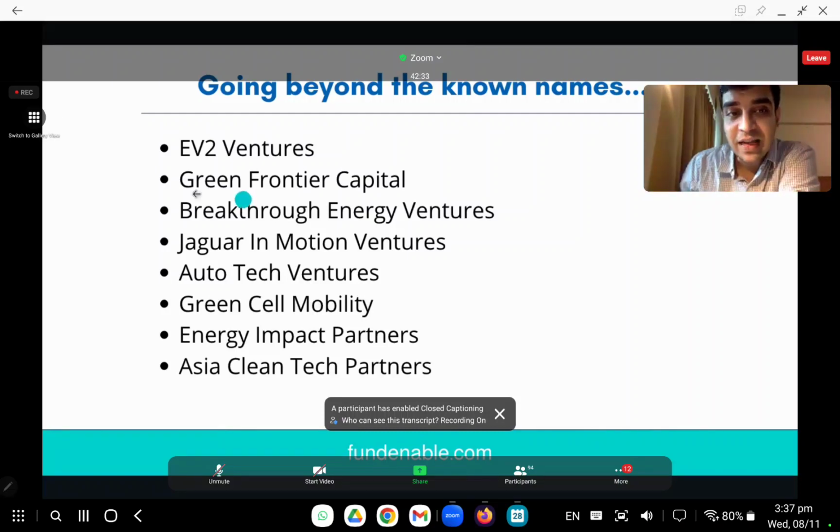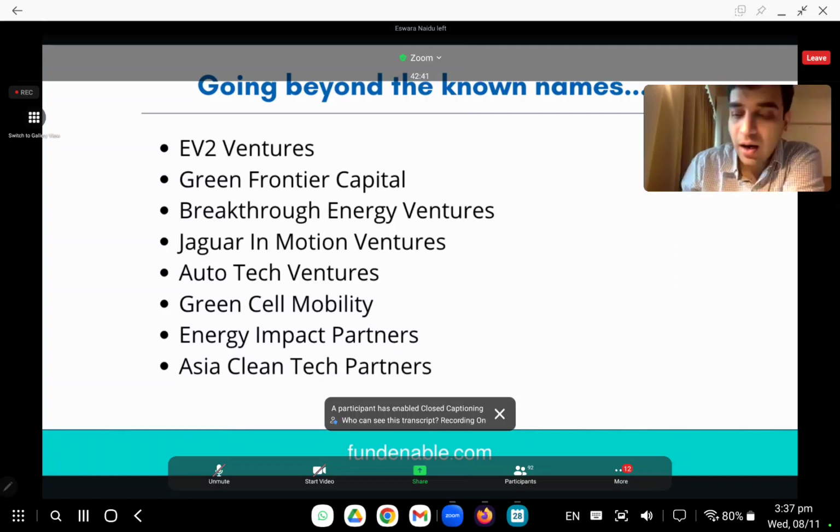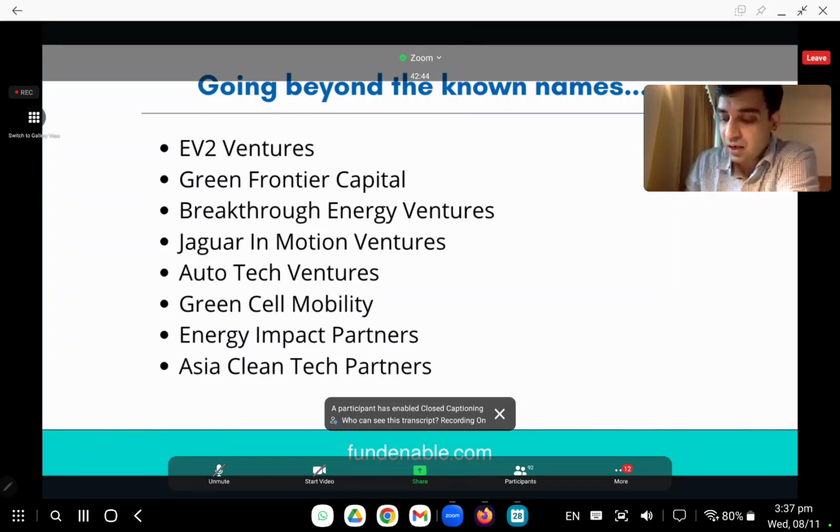And then there are investors like Green Frontier Capital who invest in any opportunity that has a climate impact, right? So anything that results in cutting down emissions is what this fund invests in.